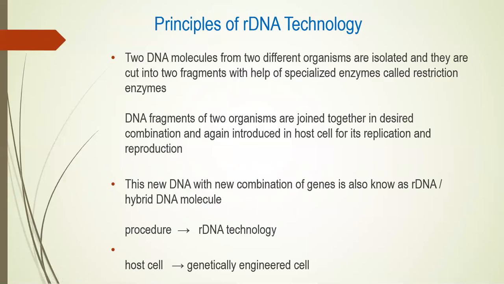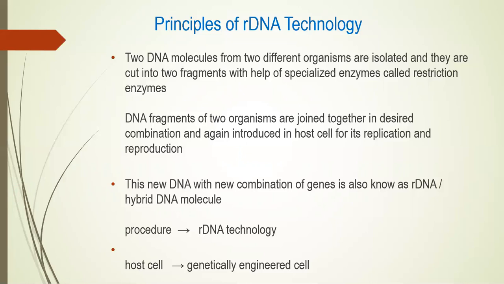This slide shows the principles of rDNA technology. Although there are different techniques of rDNA technology, the basic principle is very simple. Two DNA molecules from two different organisms, that may be animal, plant or microbe, are isolated and cut into fragments with the help of one or more specialized enzymes called restriction enzymes.